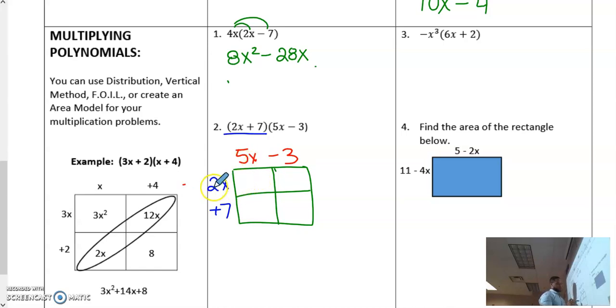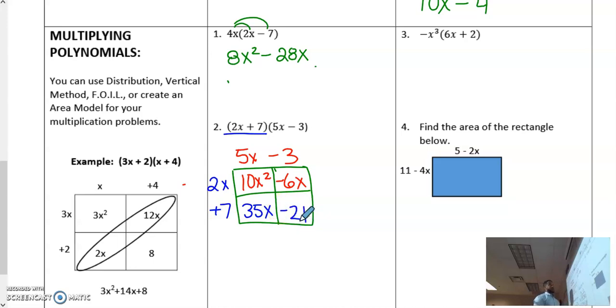So 5x times 2x becomes 10x squared. Then negative 3 times 2x becomes negative 6x. Then 5x times 7 becomes 35x. And then negative 3 times 7 becomes negative 21.